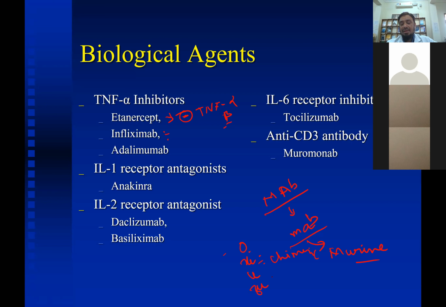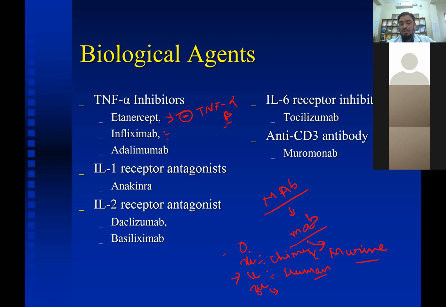What is UMAB? UMAB is human only. So the least allergic reactions occur with UMABs. And ZUMAB is the humanized murine antibody, which means that more human antibody is there, 90% or more, and less murine antibody.